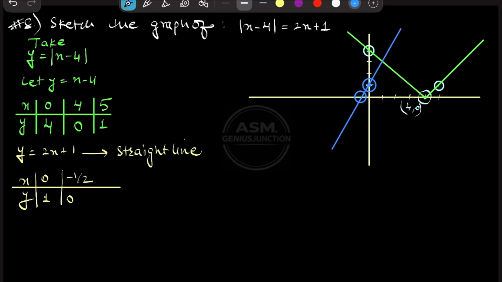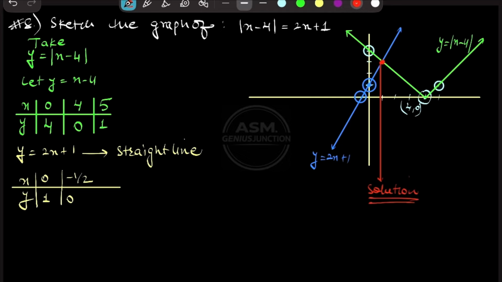Then when you plot the graph, you find that this is the graph for y is equal to 2x plus 1, and the green part is representing y is equal to mod x minus 4. These two graphs are intersecting each other at only one point. So this is going to be the solution. This is the solution for the given question. When you solve it graphically, you will be able to figure out the point of it. Okay, and this will give you the final answer.